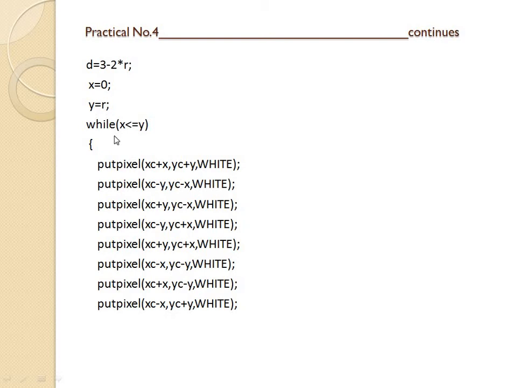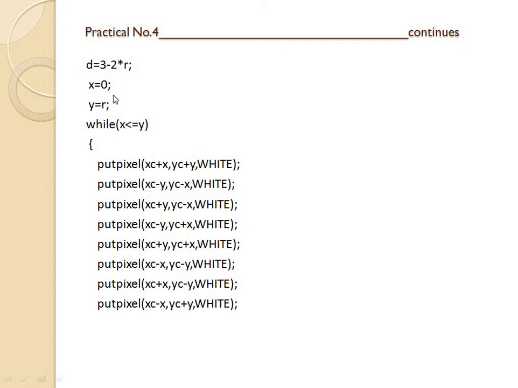Then after that we use a while loop, and in that the condition is x is less than or equal to y. If this condition is true, then control goes to run these functions.